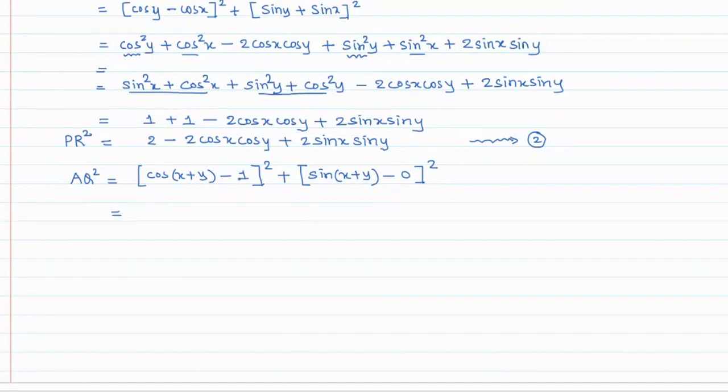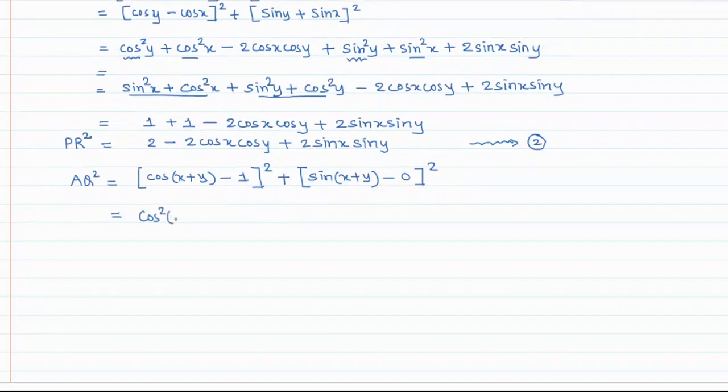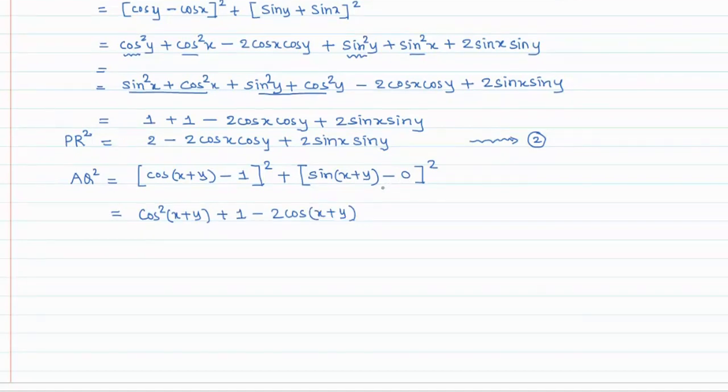So here I will apply (a minus b) whole square. So a square plus b square minus 2ab, that is cos square(x plus y) minus 2 cos(x plus y). So in the second bracket minus 0 is there, so 0 goes, only sin(x plus y) remains. So the square of that is plus sin square(x plus y).